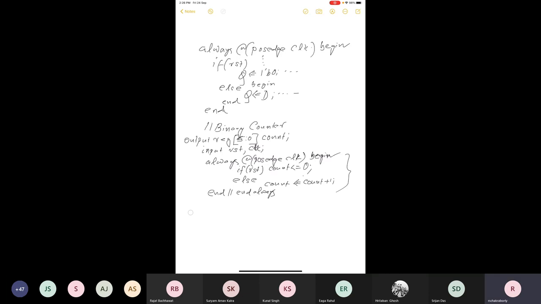There are advanced versions of Verilog. What we are learning now is basically called Verilog 2001. There are newer versions of Verilog, like Verilog 2012, which is called System Verilog, which makes this bus width handling very, very simple.